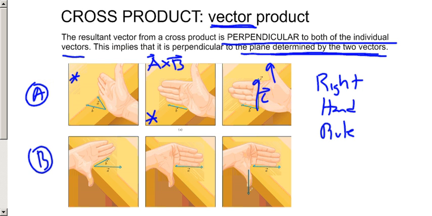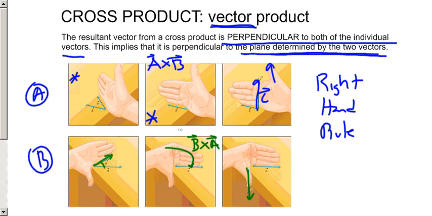In the bottom example, we're looking at B cross A. And so same two vectors, only now we put our right hand sort of flat on B, and we are going to curl our fingers in the direction of A in that acute angle, the smallest angle between them. And the result is our thumb pointing in the direction of the vector perpendicular to both.